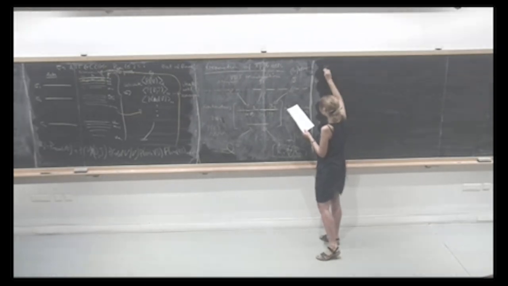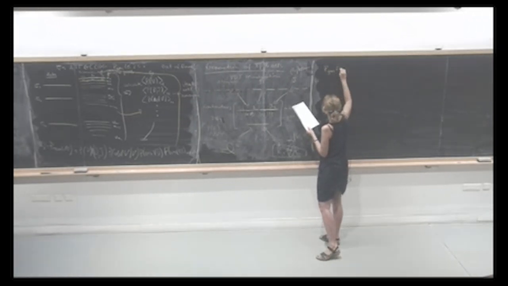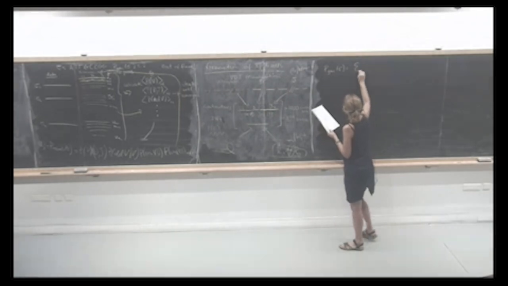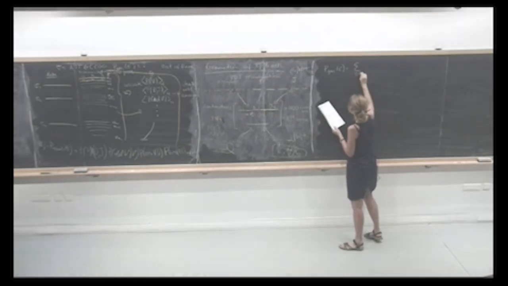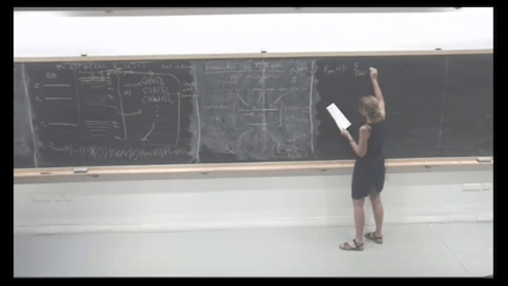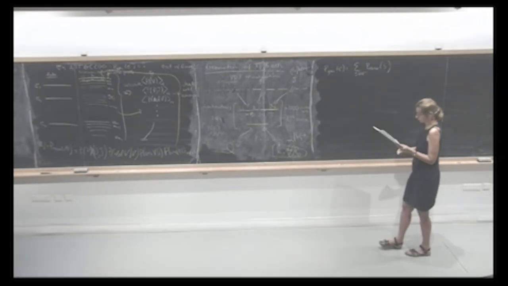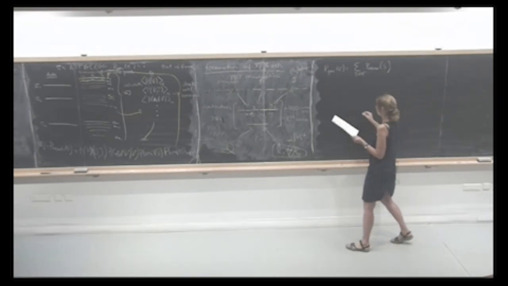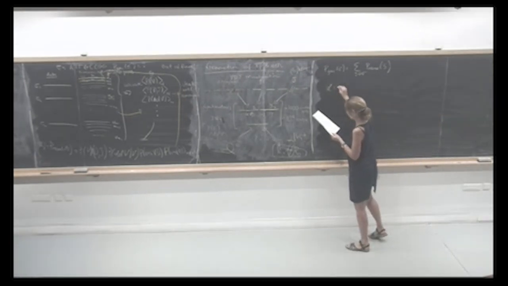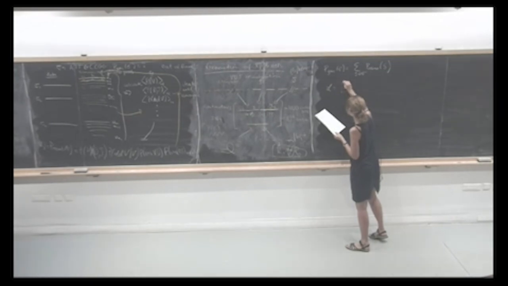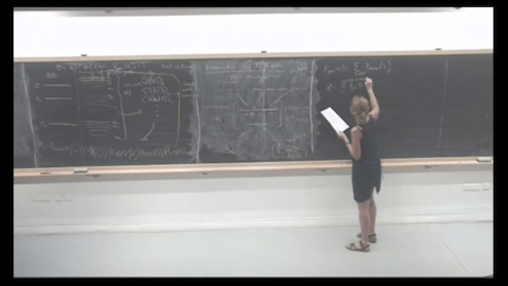So we want to get P-gen of sigma, which is a sum over all the scenarios that give you sigma of these recombinations of S. And again, you get it by maximizing likelihood, and this is the number of data sequences.